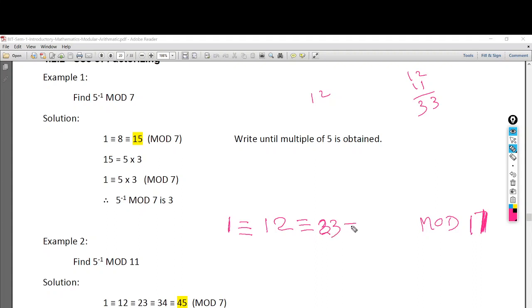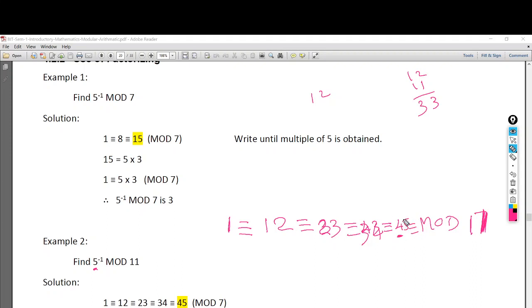Then we have to add another 11: 23 plus 11 is 34. 5 is not a factor of 34 either. So you have to add another 11, and that is 45. Now you can see that all of a sudden 45 is divisible by 5. So now we got that number.